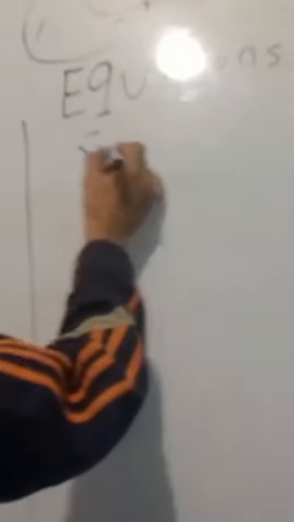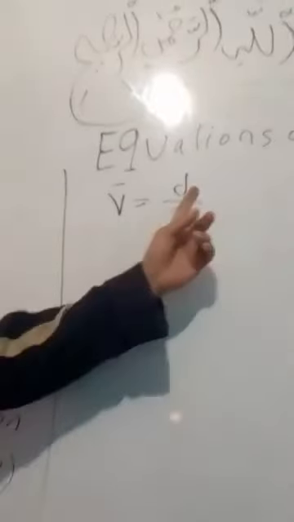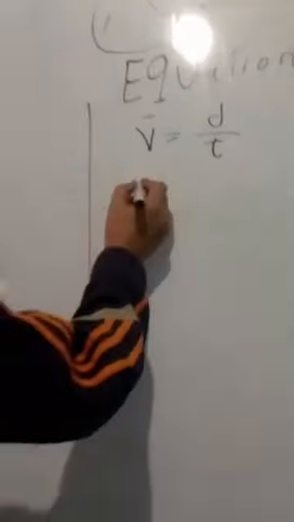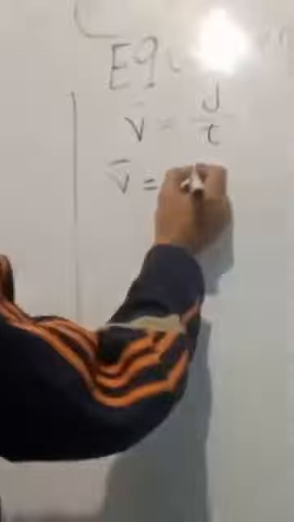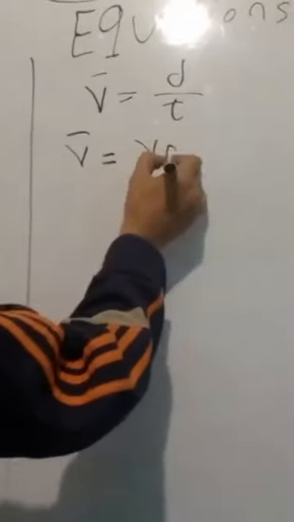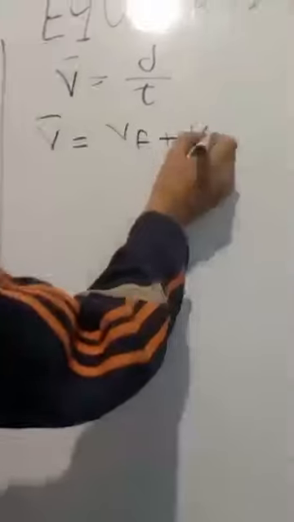We know that average velocity V dash equals d over t, the total displacement over the total time. But when the velocity is variable in accelerated motion, we can obtain it from this relation: V dash equals Vf plus Vi over 2.